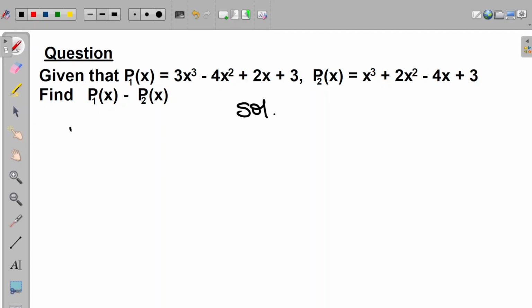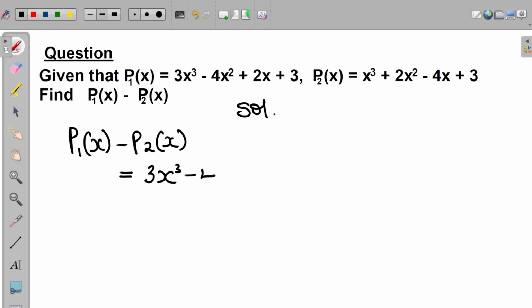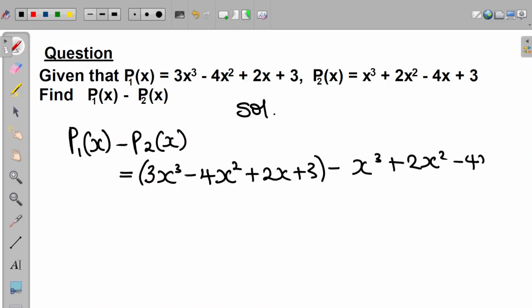So we have that P1 of x minus P2 of x will give us 3x cubed minus 4x squared plus 2x plus 3, all enclosed in a bracket, minus x cubed plus 2x squared minus 4x plus 3. Also, everything enclosed in a bracket.